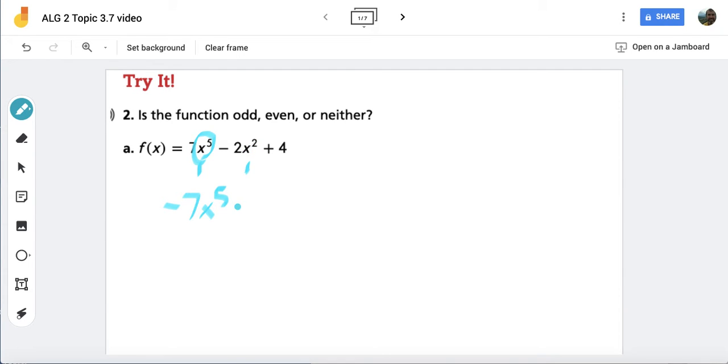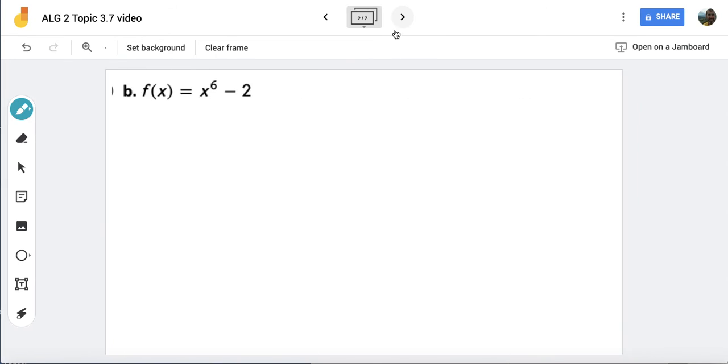So this is still going to be minus 2x squared. And the big clincher is that the plus 4 stays plus 4. So it's neither because the only thing that changed was this part. These two stayed the same. So everything didn't become the opposite sign, and it didn't stay exactly the same. So that's why it's neither.